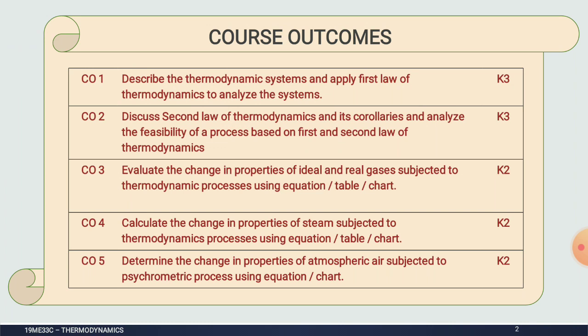A pure substance means any homogeneous mixture. For example, water and steam are both water, but the phase is different. One is the liquid phase, another one is the gaseous phase, but the chemical composition of both is H2O.